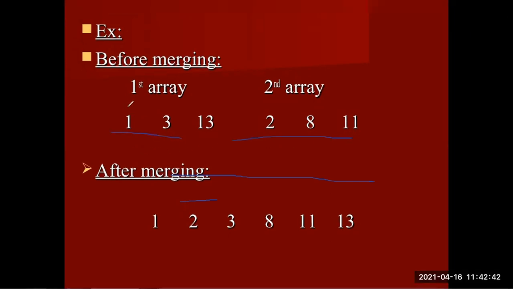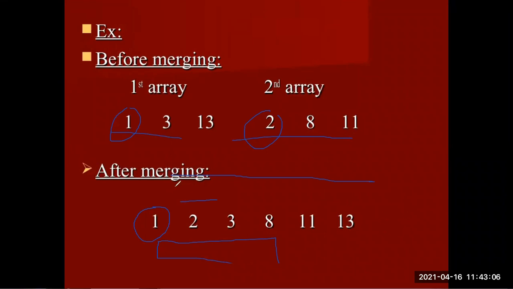First, 1 is compared with 2. So 1 is less than 2. Then we have to store the 1 in a temporary array. So the array contains indices 0, 1, 2. So the array contains 3 elements.